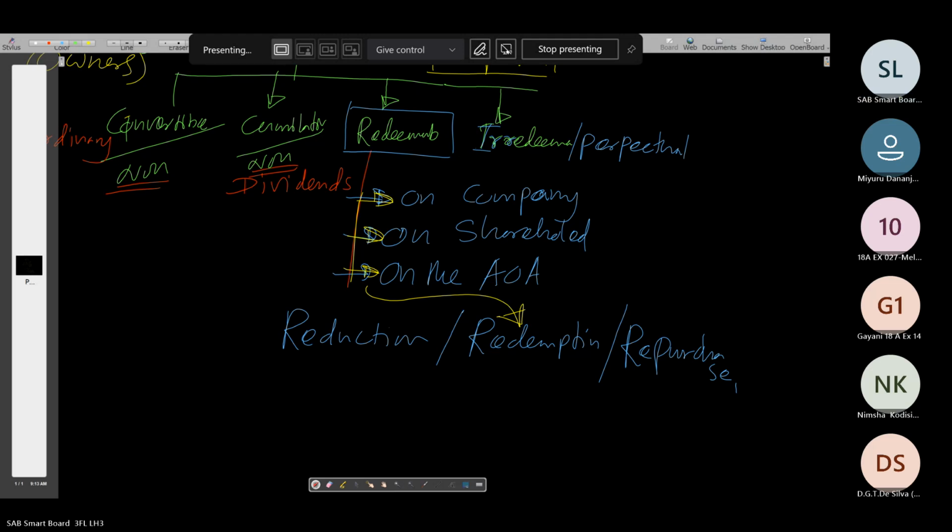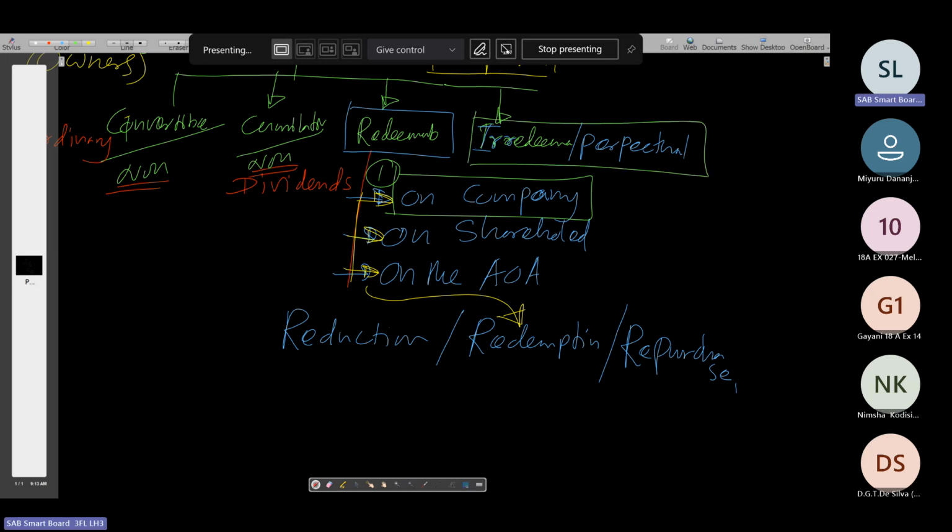Number one is the redeemable shares bought on the company's option. Then number two is repurchase of irredeemable shares.